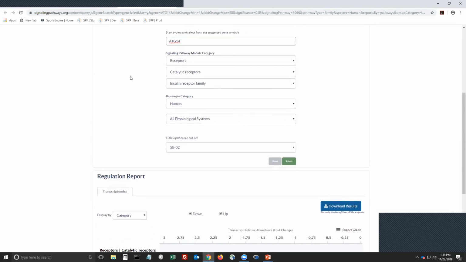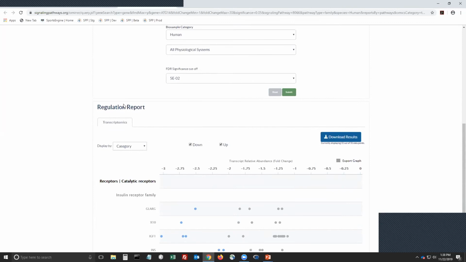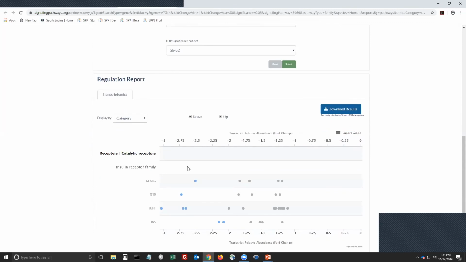And remember, it maintains our filters that we initially picked for our consensome. So what we're looking at is a single gene search of ATG14 for catalytic receptors, insulin receptor family. What's very clear is that insulin signaling exerts a profound negative effect on that gene's expression. Multiple different insulin receptor family member agonists all repress expression of ATG14.